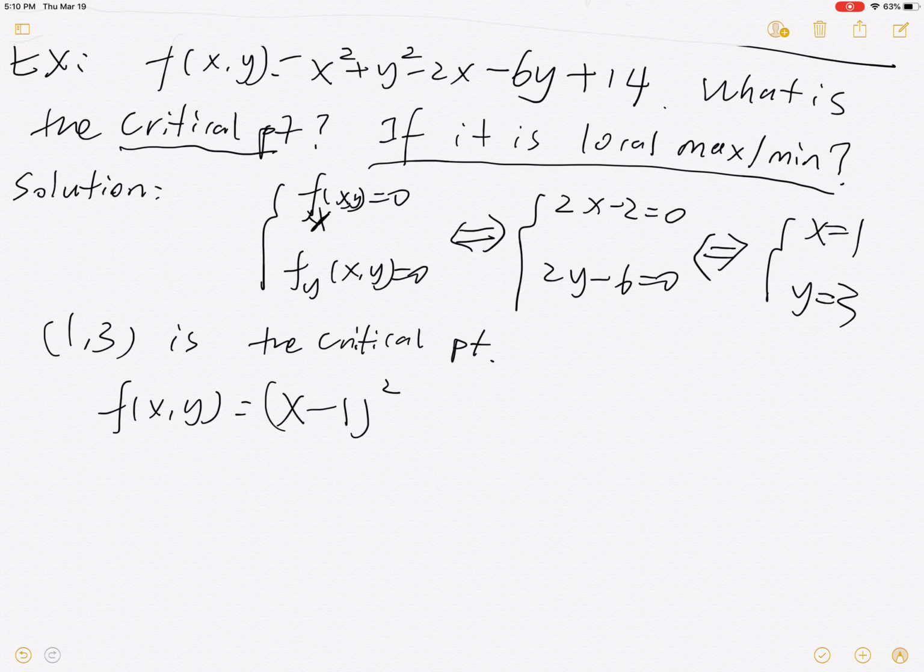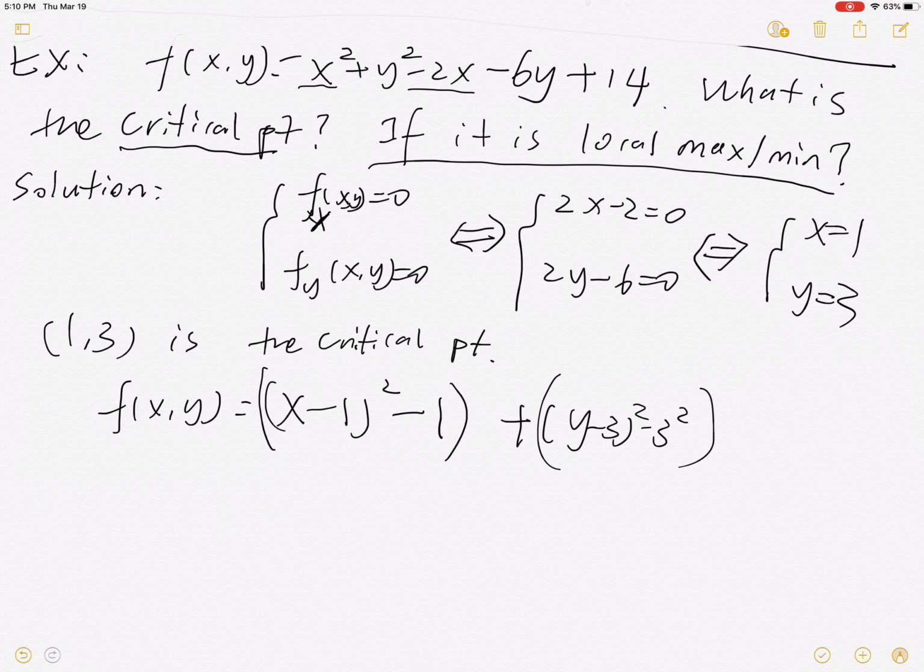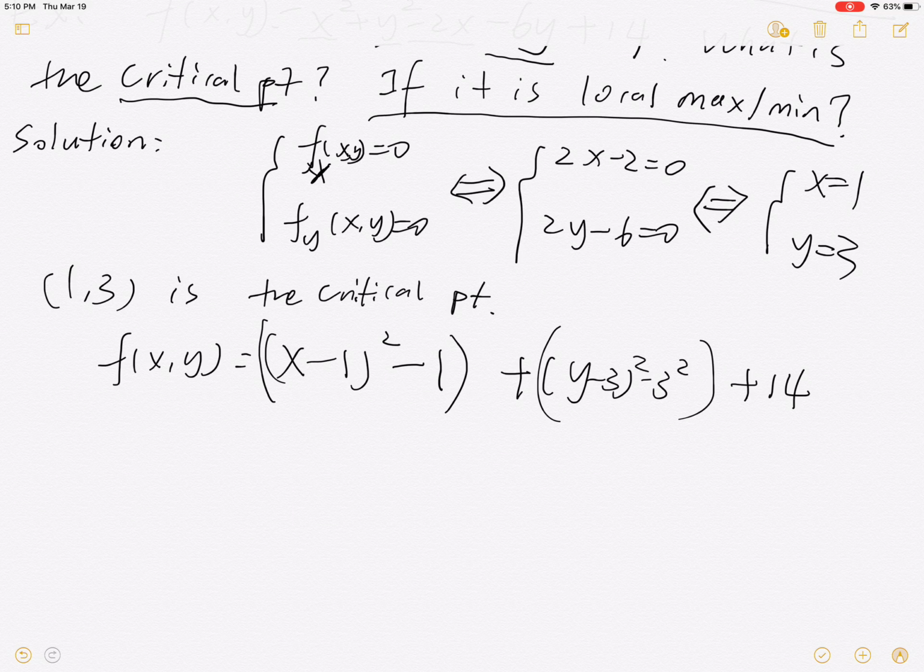We complete squares of the function f(x, y). So you combine x squared minus 2x, complete squares, you have this one, and you combine y squared minus 6y, you get this one. Don't forget the constant. Okay, then if you would like to compute, you can do it.